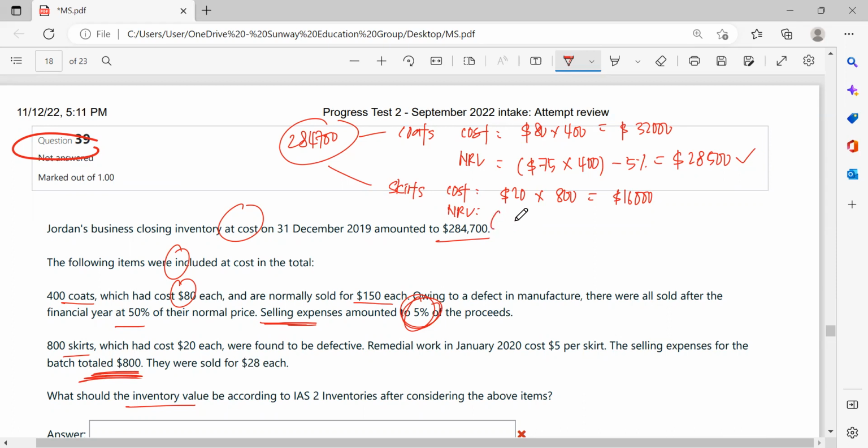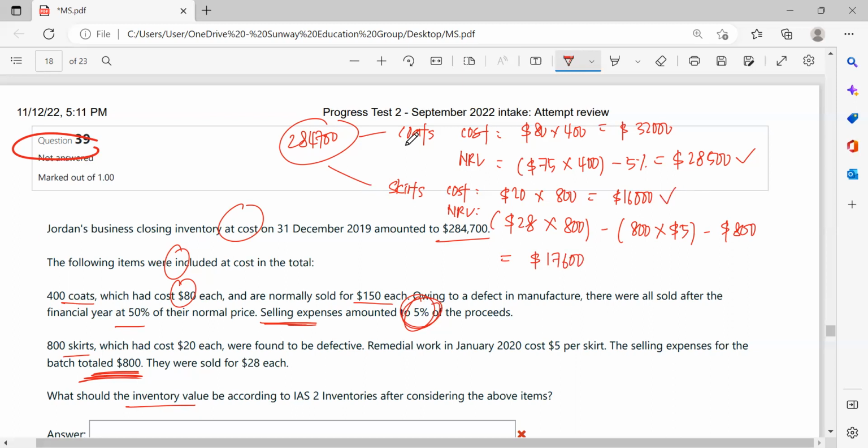To find the estimated selling price, $28 multiplied by 800 units, and we minus the remedial work of $5 per skirt multiplied by 800 units. Then only we minus the total selling expenses of $800. So the NRV here should be 17,600. If you compare, you should take the 16,000.